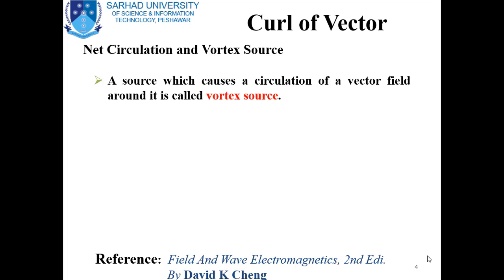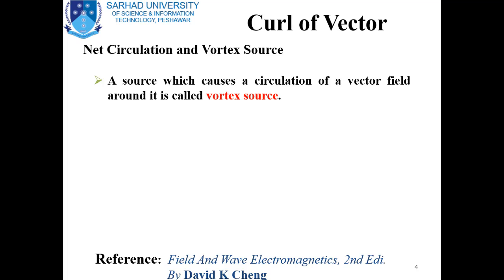So the current is a source for establishing the magnetic field, and such a source is known as a vortex source. We have many sources as well which can establish a field. For example, a charge which is at rest in free space can cause a static electric field, so that charge is also known as a source.